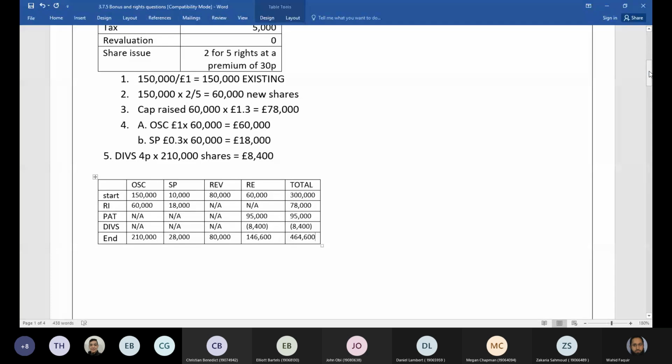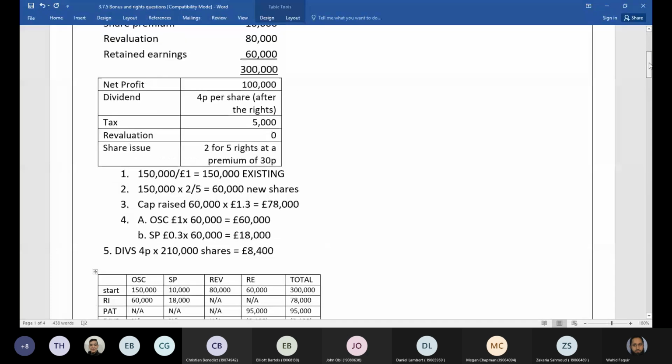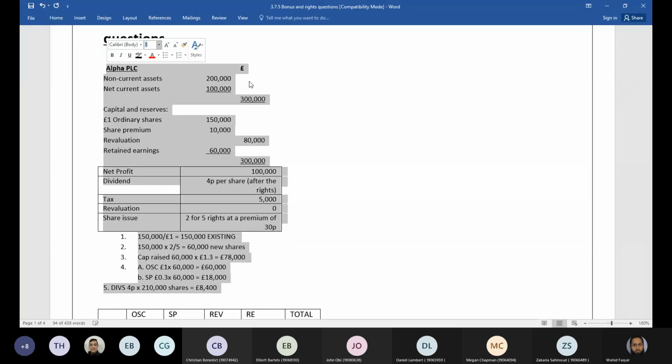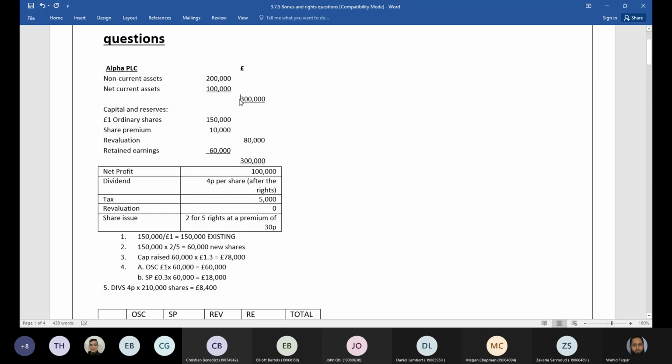Now we haven't quite finished there. We've also got to do the closing balance. Right. So for ease and speed, I'm just going to use the opening balance narratives.